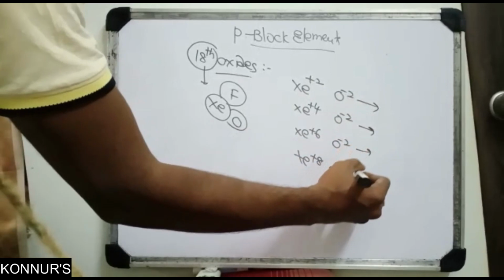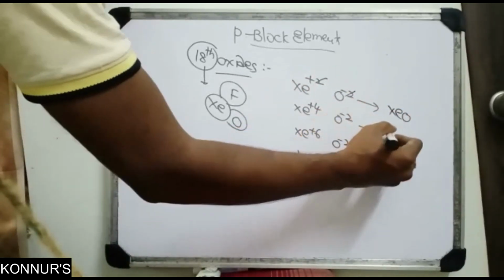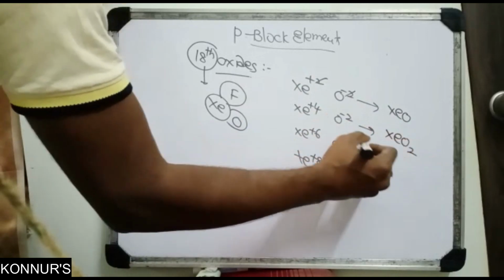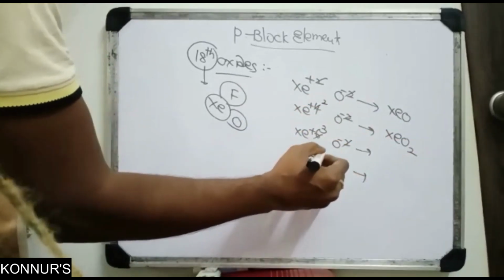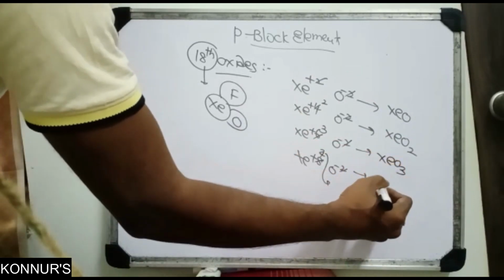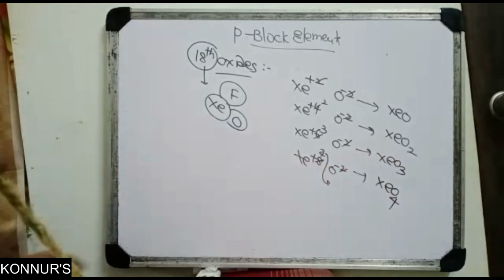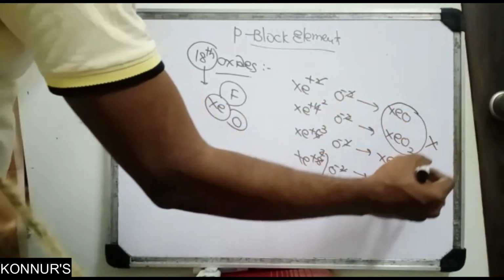So you are getting the compounds XeO, XeO2, XeO3, XeO4. In nature, these two are not available.